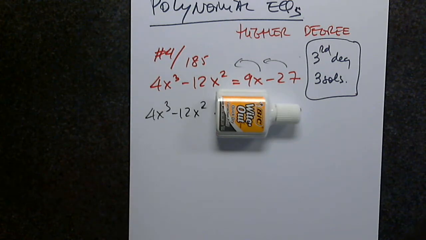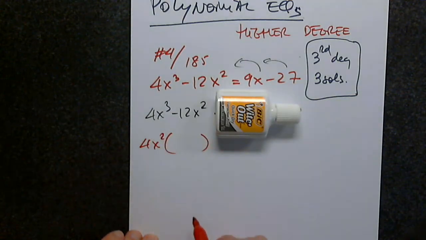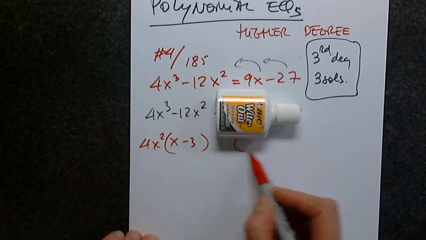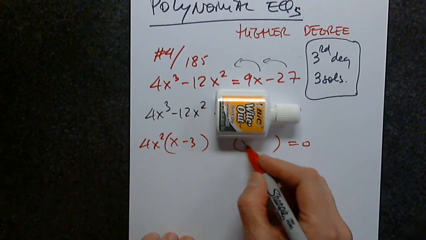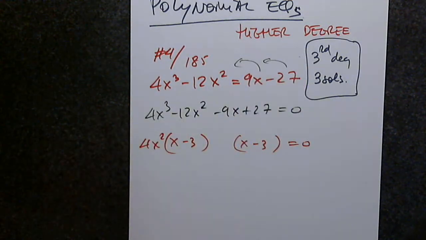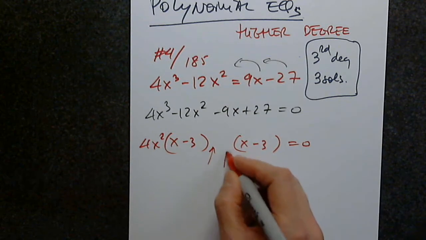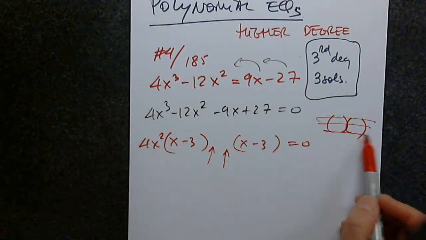What will you factor out from the first 2? Excellent. 4x squared. And what is left? Very good. What should I have from the other 2? I write it first because I may come up with something else. Now remember, 2 things are required. If you write these 2 like this, that will be incorrect.